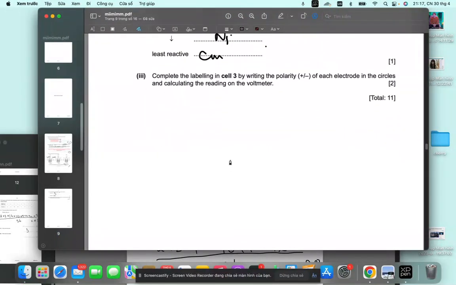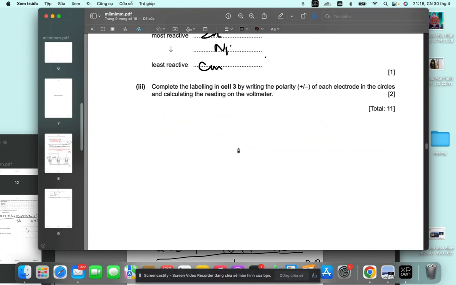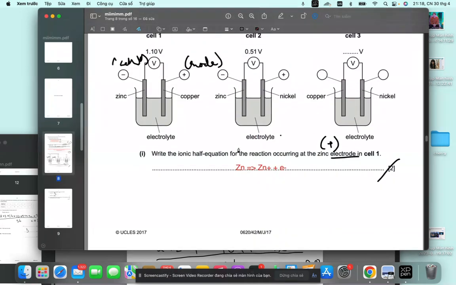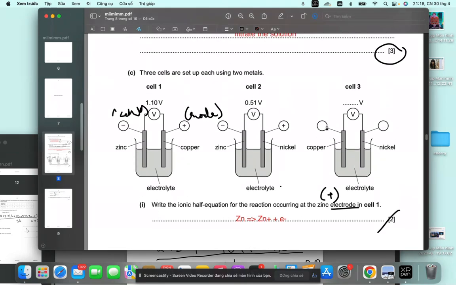Complete the labeling in cell 3 by writing the polarity plus or minus at each electrode in the circle and calculate the reading on the voltmeter. Okay, let's see. Zinc is on this side. We are electroplating.